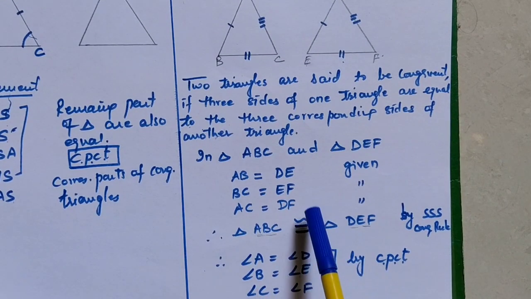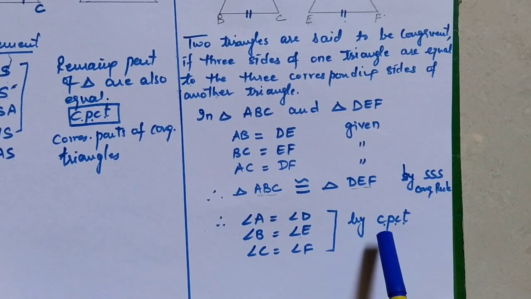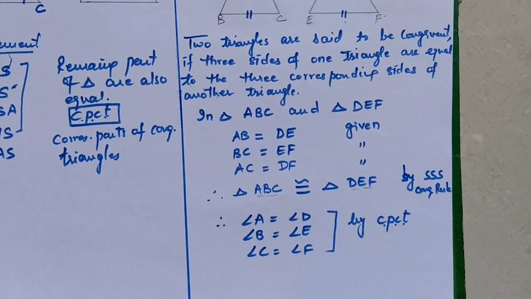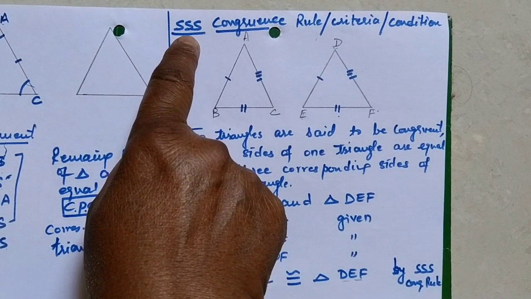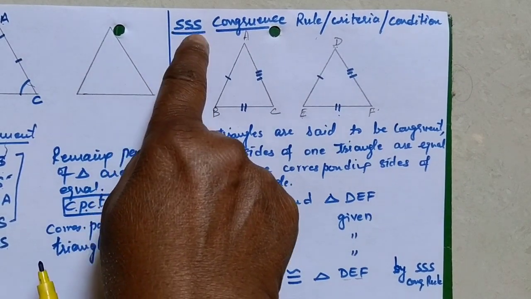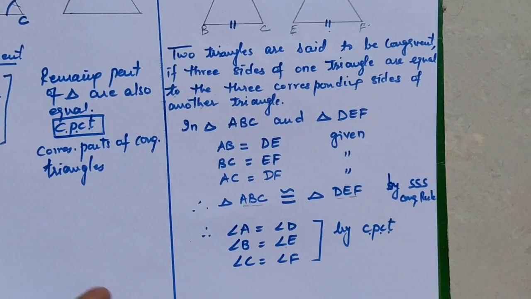You already made the triangles congruent, so the remaining parts will be equal because of CPCT. This is the first theorem, SSS. Remember, in this, all three sides are given and the remaining angles you get by CPCT.